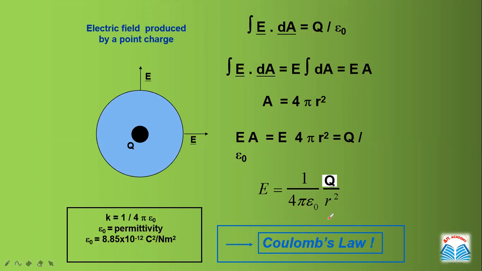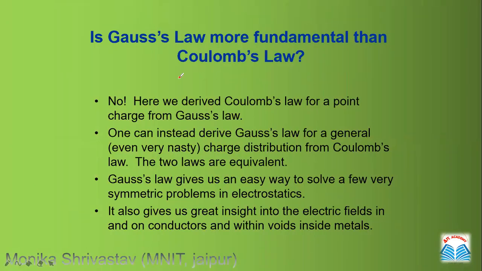So is this the result that we can conclude that Coulomb's law and Gauss law are similar? Can we say that? No, we can't say that. So can we say that Gauss law is more fundamental than Coulomb's law? But it is not like that. Both the laws have the same importance in electrostatics.